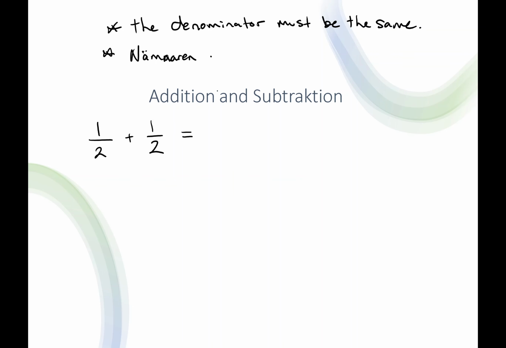So when we do these, yep, 2 is here, 2 is here, good. Now we add the top numbers. And this is pretty easy, which is 1 whole.